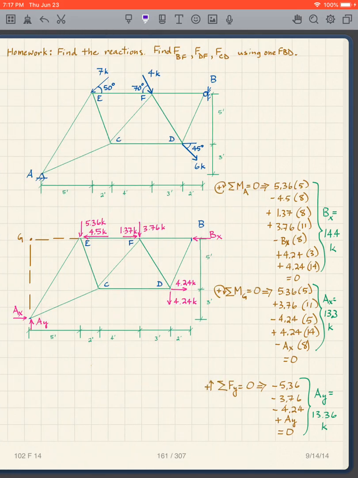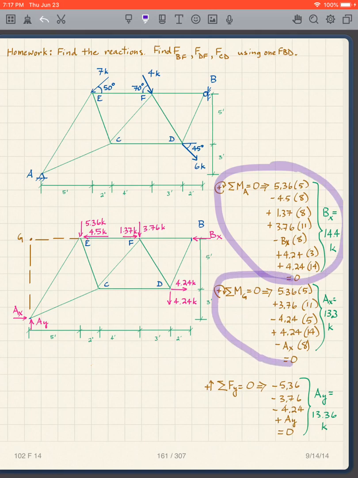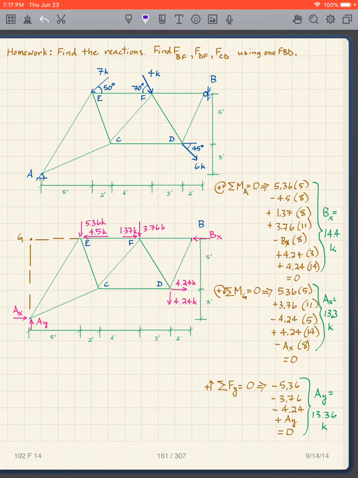The reactions, I'm going to let you read these to get the reactions. And these are all obviously x and y components at those locations.